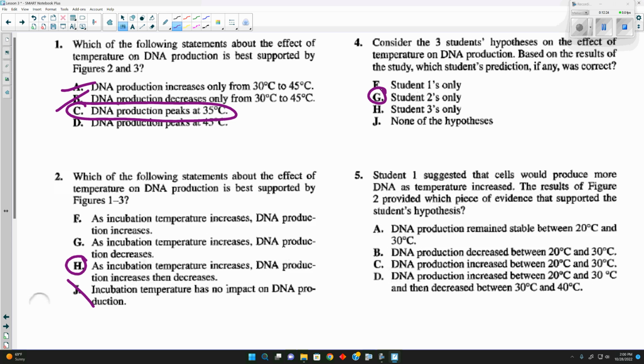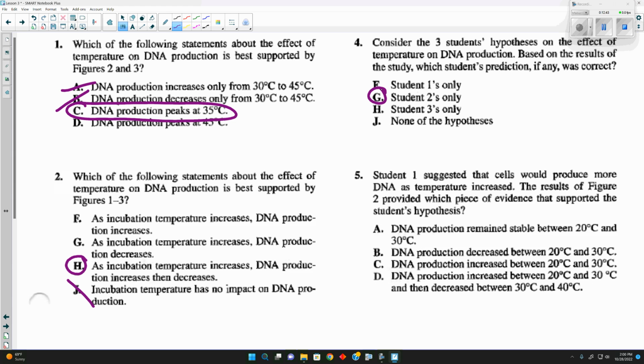So what are the temperatures for figure 2? 20, 25, all the way from 20 to 35, yes? Is 30 to 40 on figure 2?